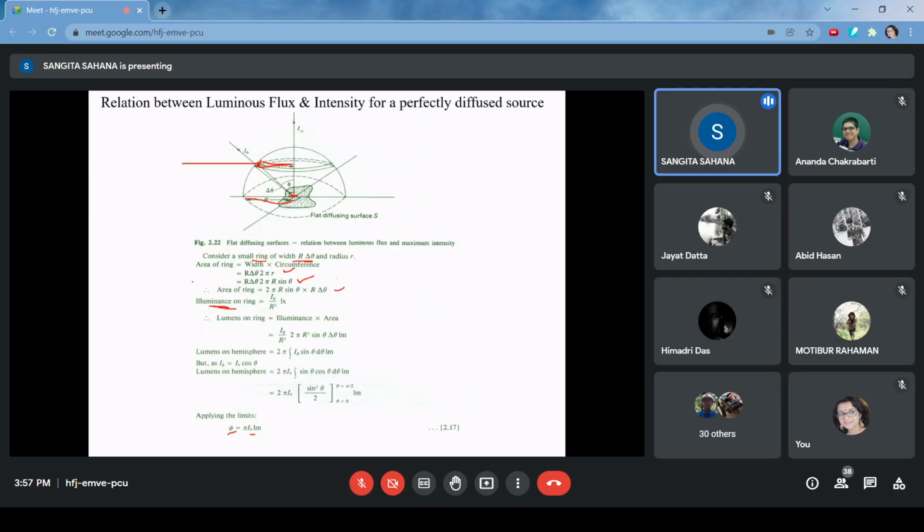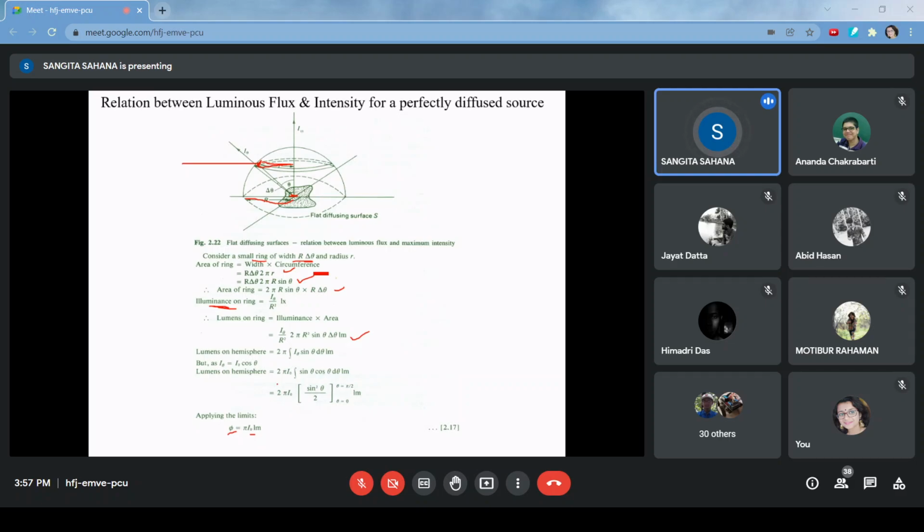So if we know the area of the ring, we can find the illuminance received on that ring from this particular source S. That is I cos theta by d square. Now theta is 0 here, so this is I by R square. I by R square into this area which we have calculated before. This is the lumen received on the small ring.